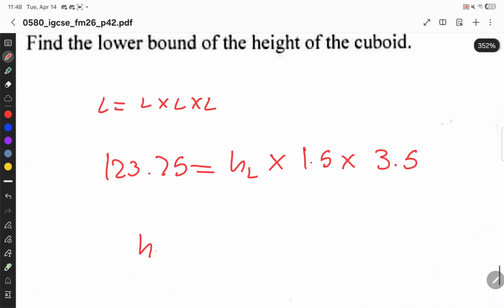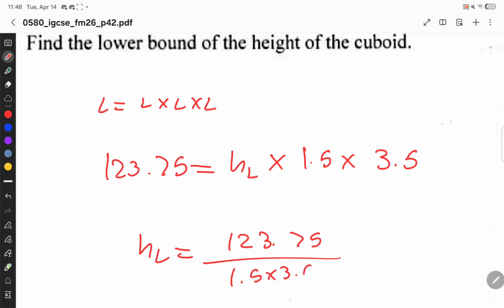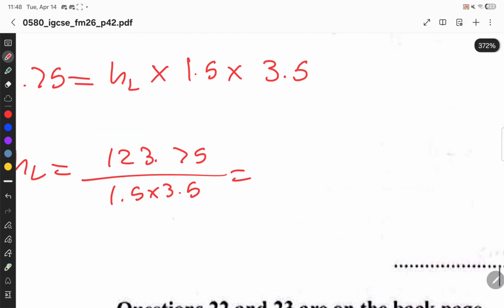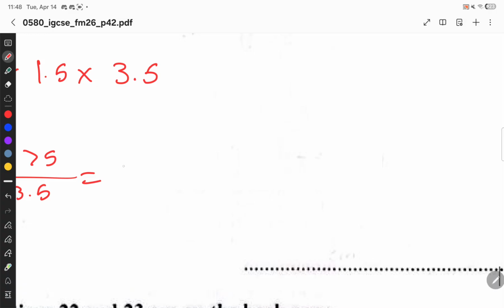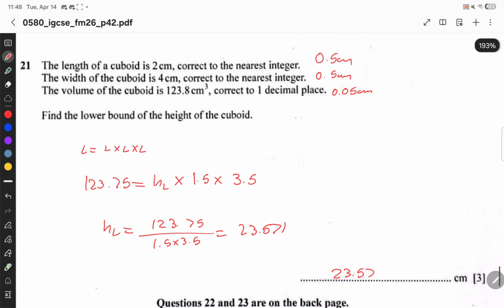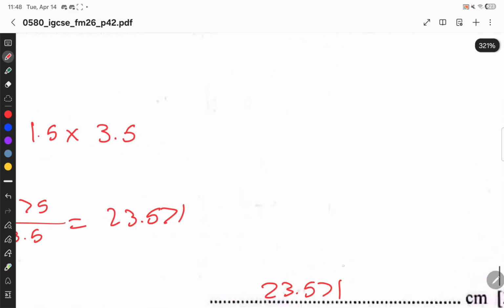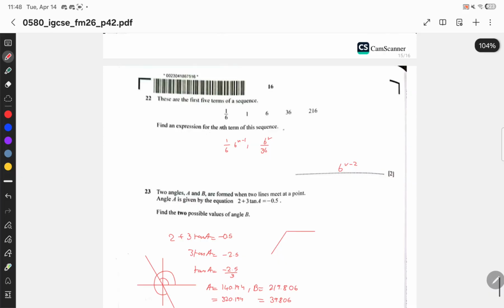Now the height is equal to 123.75 over 1.5 times 3.5, which is 23.571 centimeters.